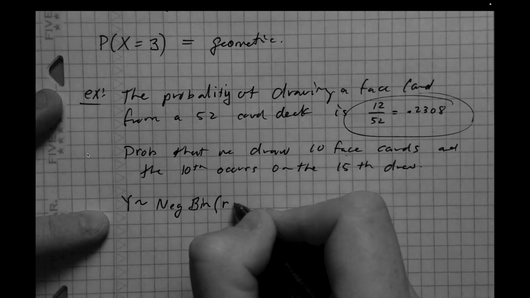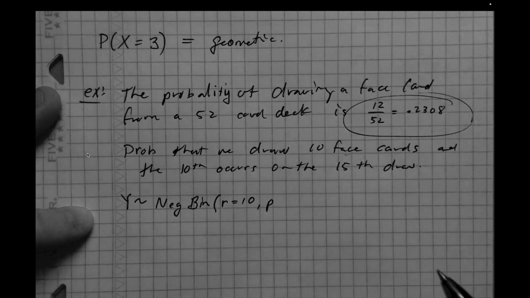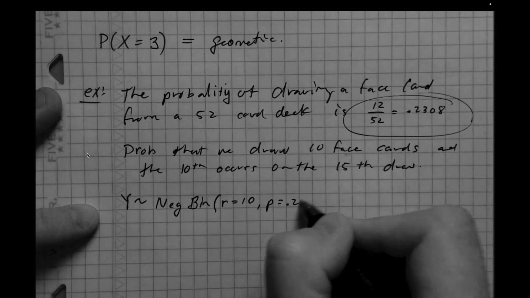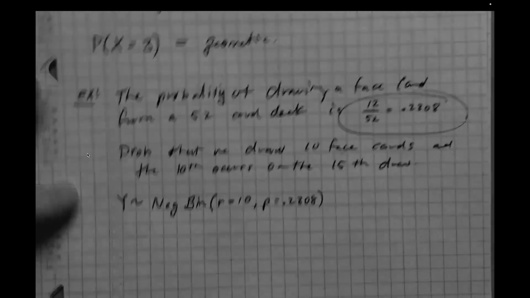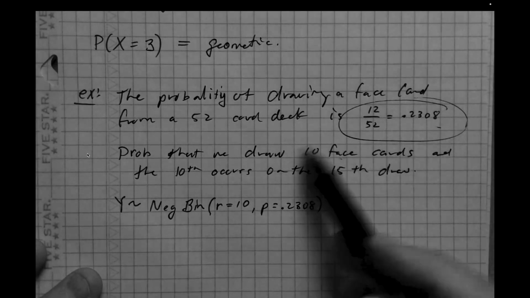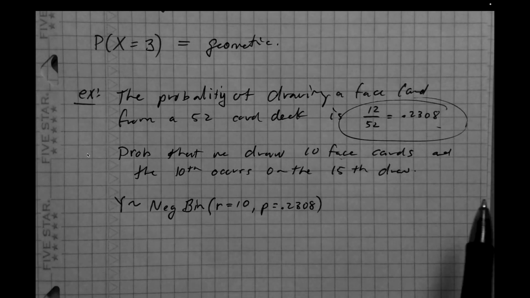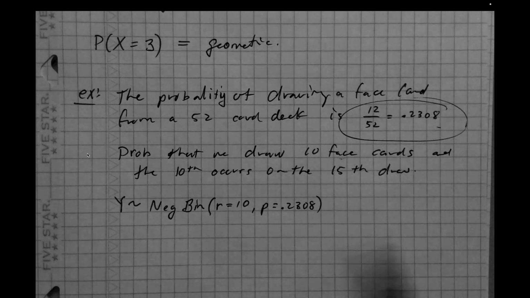And r, the number of desired successes, is equal to 10. The probability of those successes is 0.2308. Right? It's very important that we say with replacement here, because obviously if we start pulling face cards out of this deck, then the probability of getting a face card is going to change, and we're no longer going to be dealing with a negative binomial distribution.